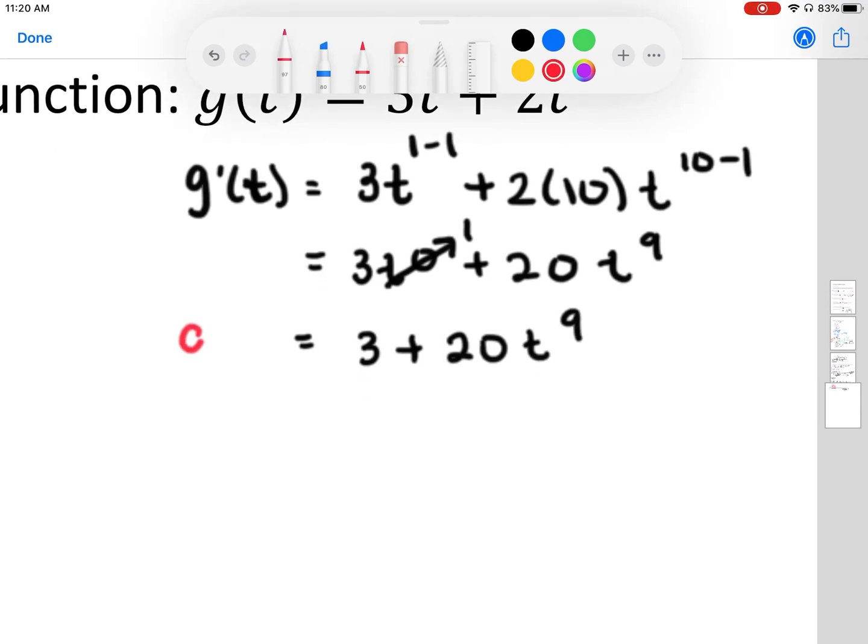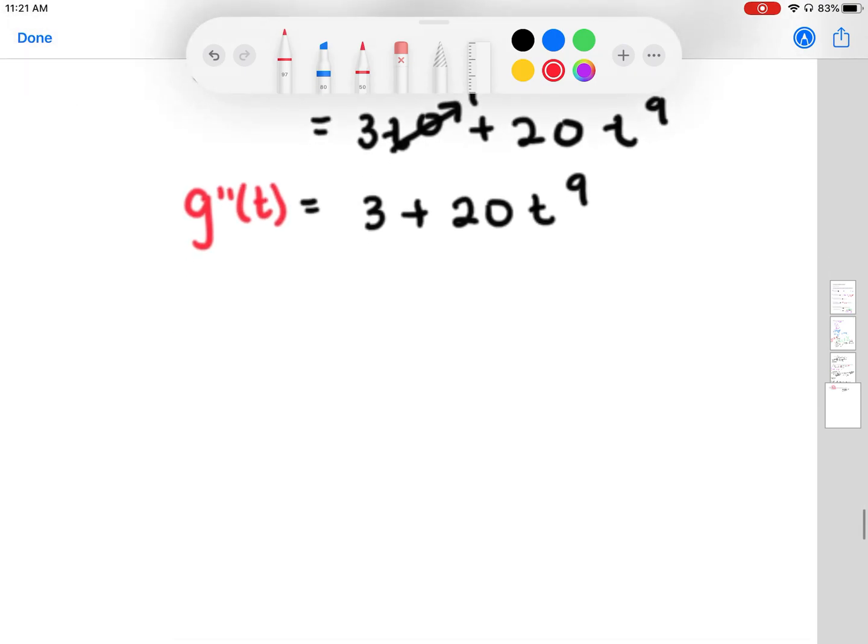That's our second derivative. Okay, let's take the derivative again. So the derivative of 3 is 0. We bring down the 9. So 9 times 20 is 180t to the 9 minus 1.